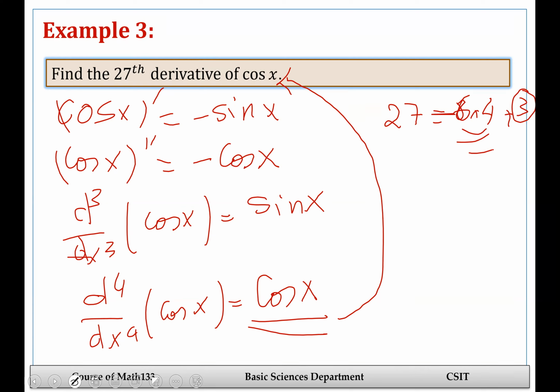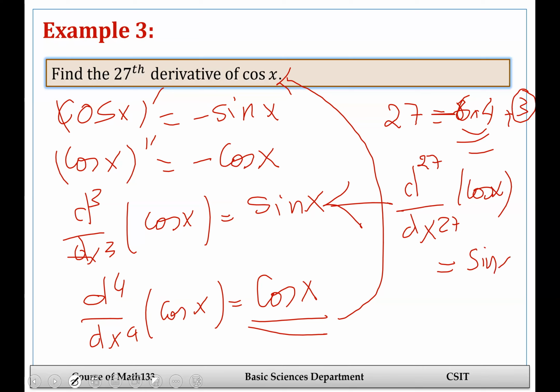And the third derivative will give sine. So the 27th derivative, d 27 over dx 27 of cosine will be equal to sine x, since we will have this order 3 here, like the 27.